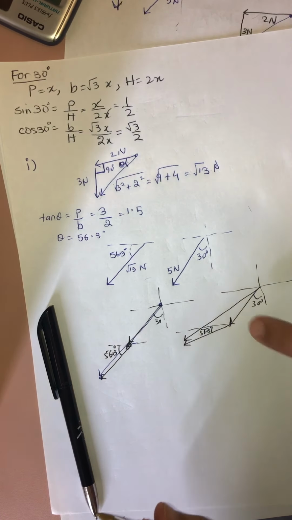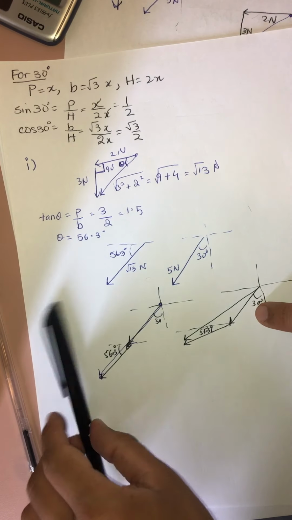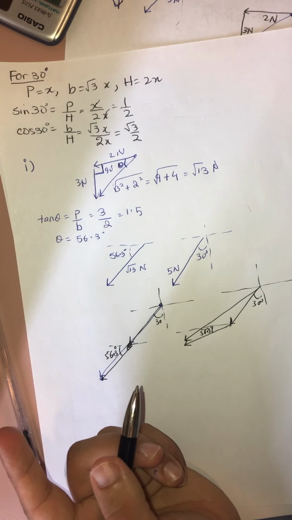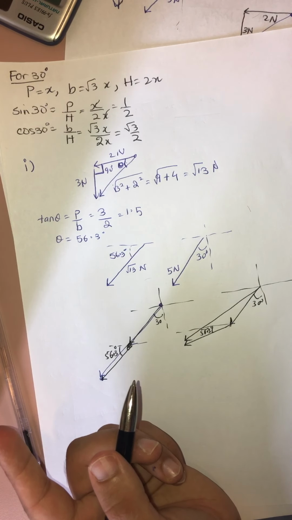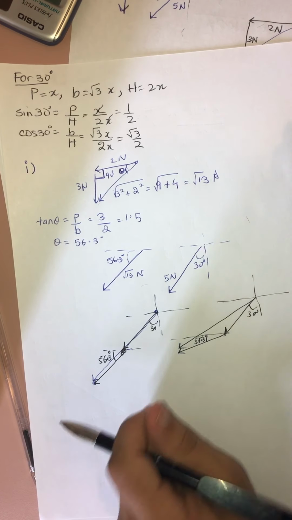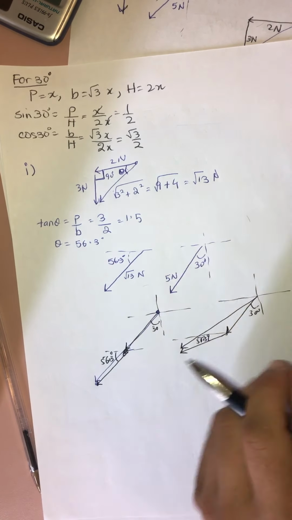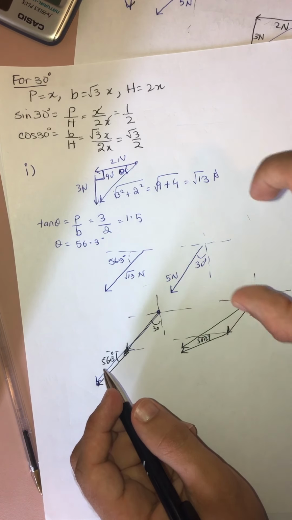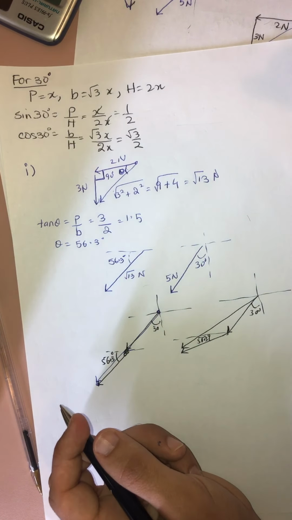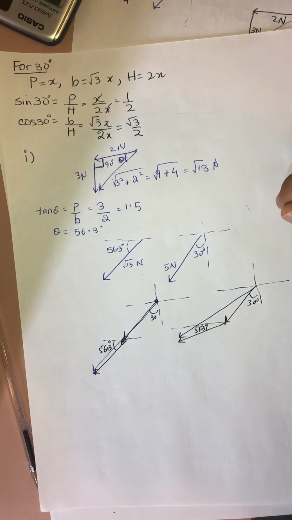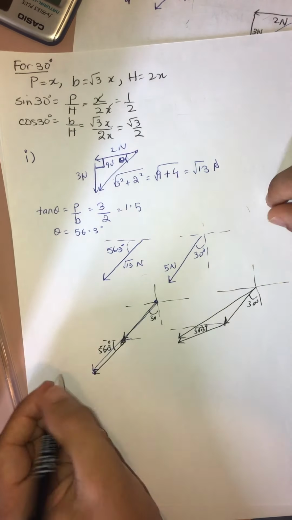Now, to solve this problem where you don't have a right angle triangle, there are two ways. The first way is to use everything by scale. You have to take a ruler, then draw 5 newtons to scale and all this, but we haven't done that. The second method is much easier, which is the component method.